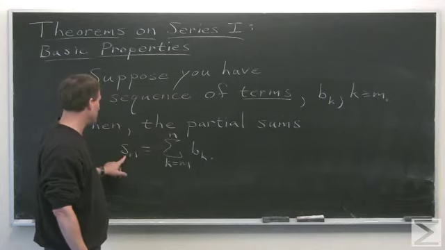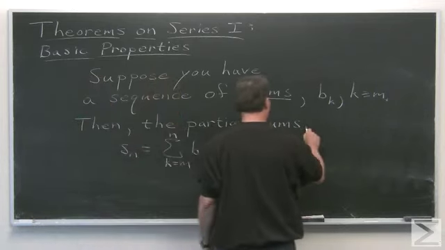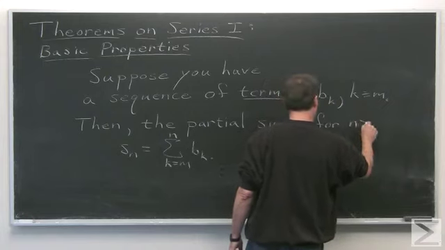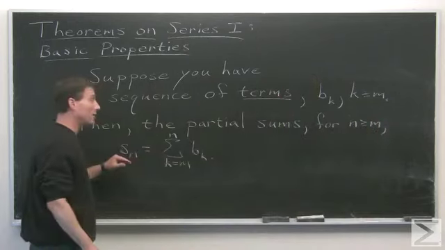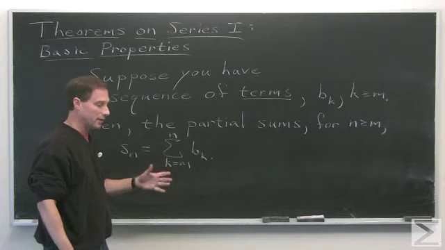So this means the partial sums for n greater than or equal to m. So the partial sums are a new sequence. For each n greater than or equal to m, you sum the bk's.